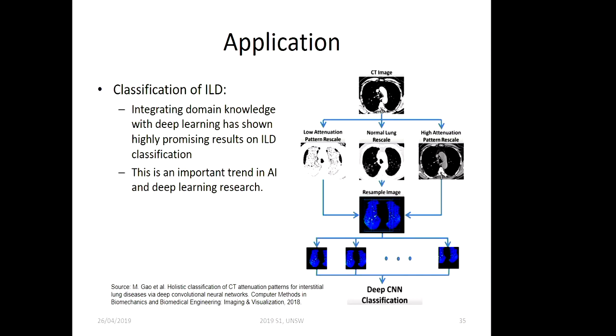In that approach, you are actually encoding some medical-specific knowledge into the algorithm. Then you can do some resampling and multi-scale processing with these images, and then you do this deep learning classification. In this way, this study gave a pretty good improvement over the previous approaches.